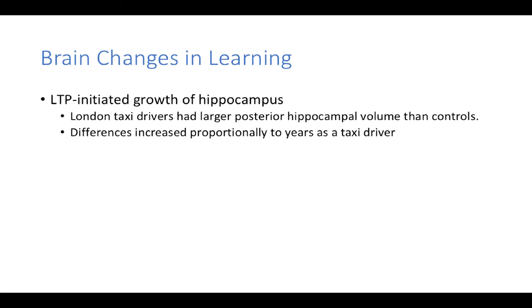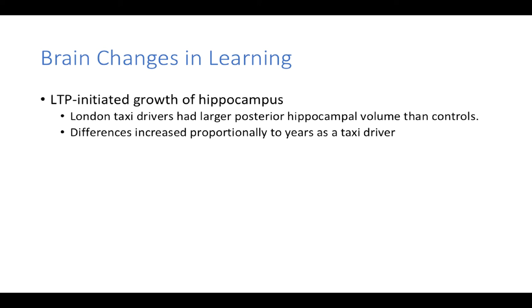Research has shown that LTP-initiated growth of the hippocampus is involved in memory formation. In particular, London taxi drivers have been studied because they have to memorize the layout of a very large and complicated city before they can become taxi drivers. And they had larger posterior hippocampus volumes than non-taxi drivers. So this is a demonstration of how the hippocampus can grow as a result of life experience.